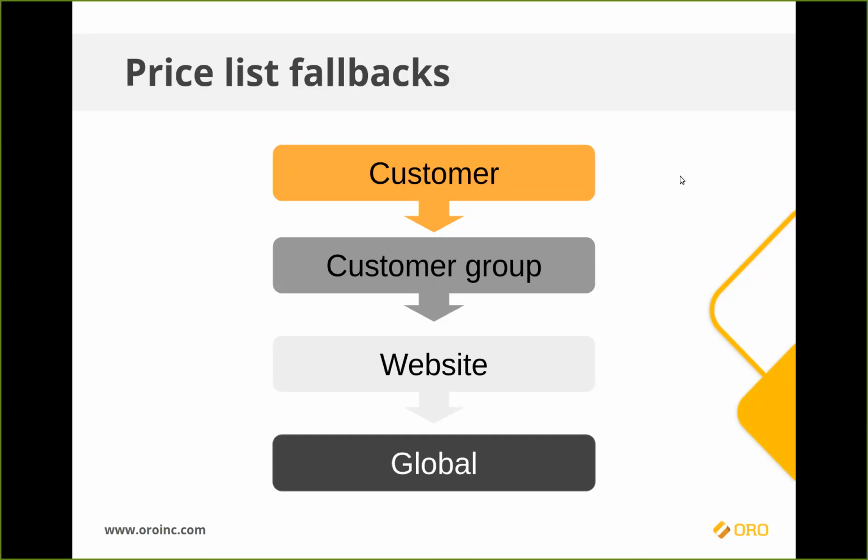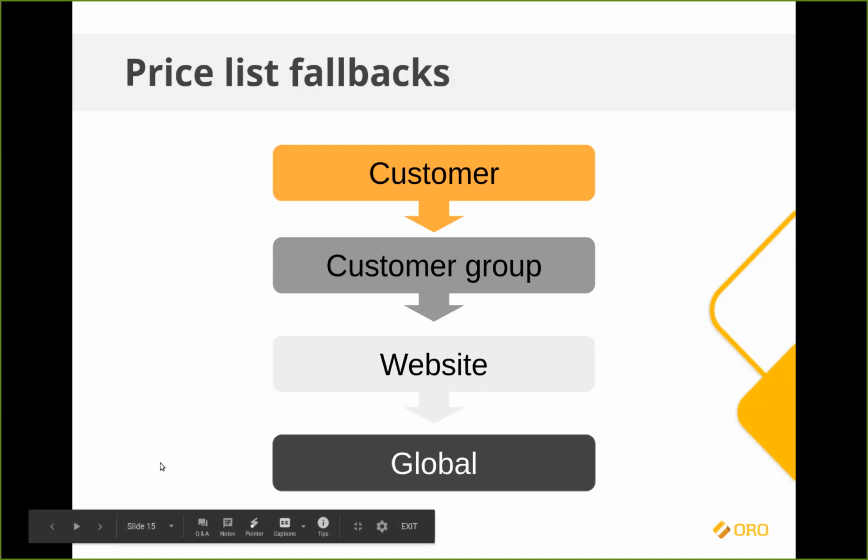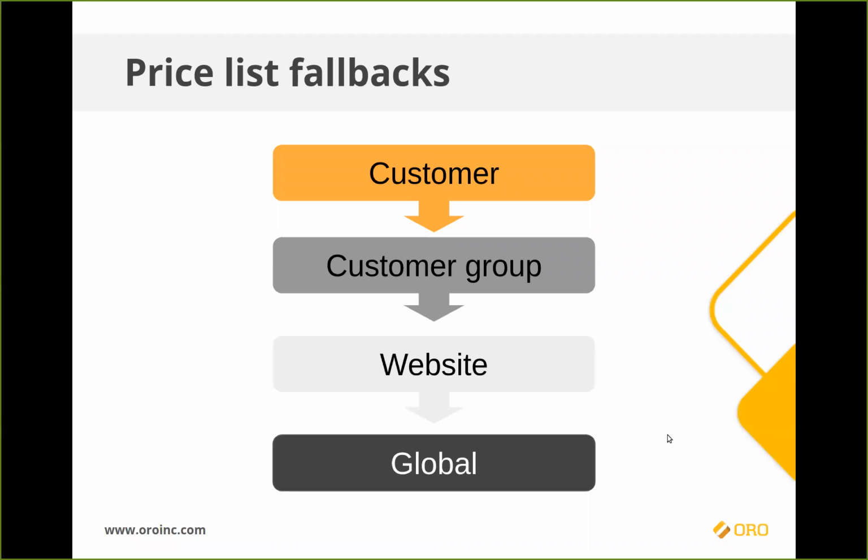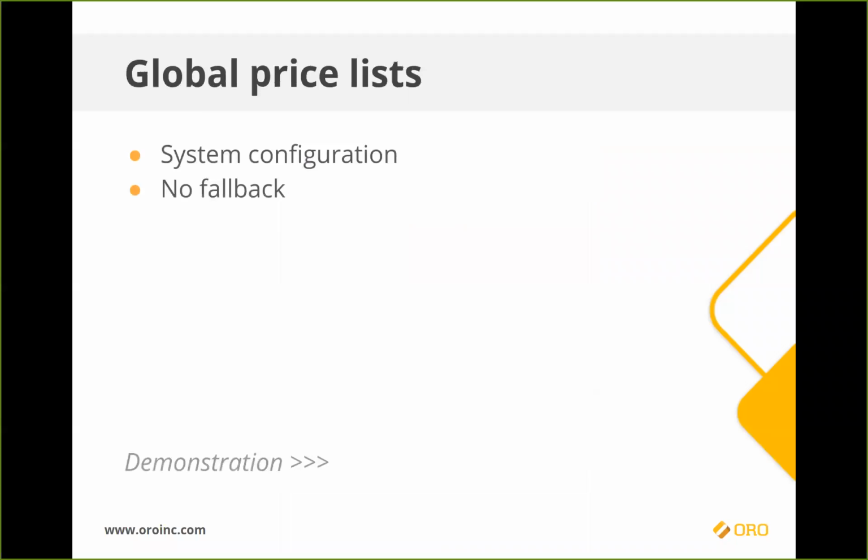There are also fallbacks from these levels to other levels. For example, if there are no prices for a specific customer, the application will try to find them for the customer group. If there are no prices for the customer group, it will try to find them by the website. If there are no prices for the website, the application is going to check the global level. And only then, if there are no prices in any of these four levels, the application will not show any prices at all. So let us check these levels one by one.